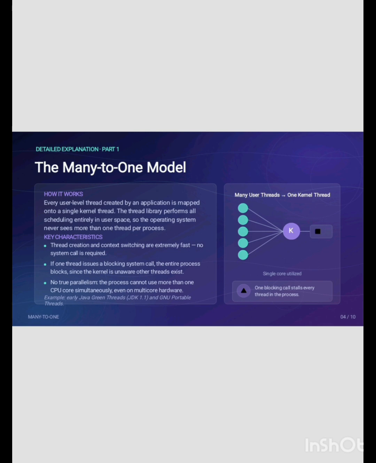The process cannot use more than one CPU core simultaneously, even on multi-core hardware. Examples: early Java Green Threads in JDK 1.1 and GNU Portable Threads.